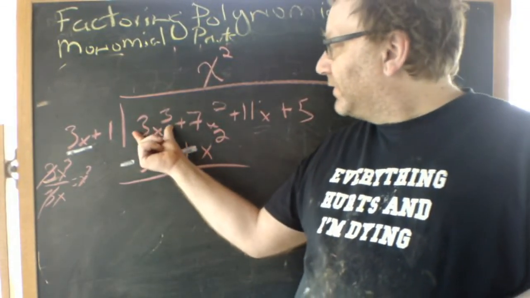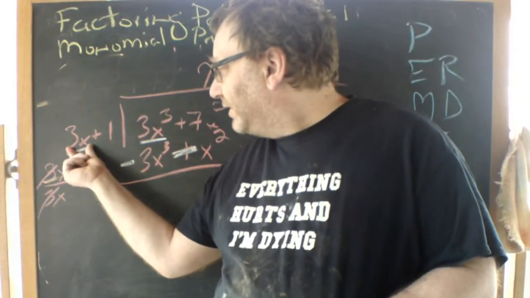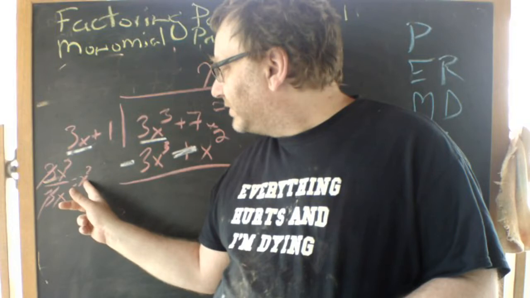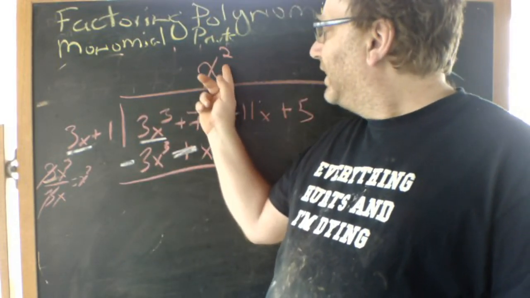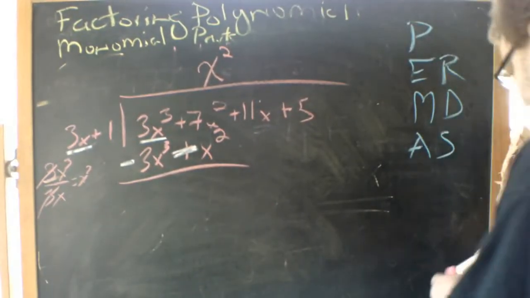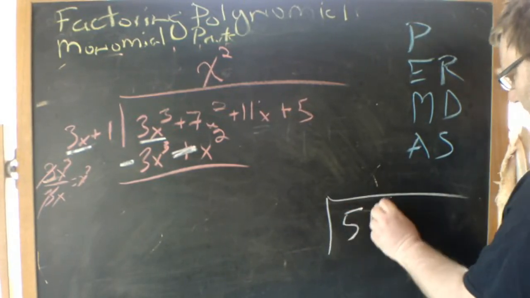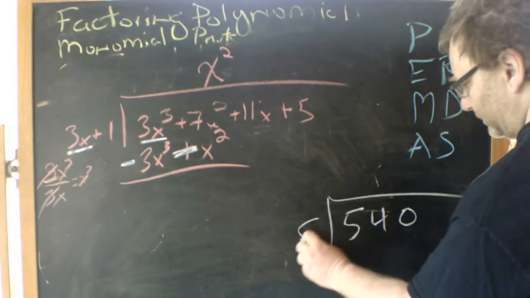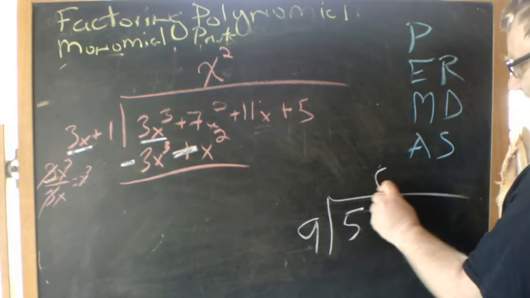And so for the first power of x, this bit goes into it x squared times. So I'll write my x squared up here, and I'll multiply it back through. 9 doesn't go into here, but it goes into here 6 times.